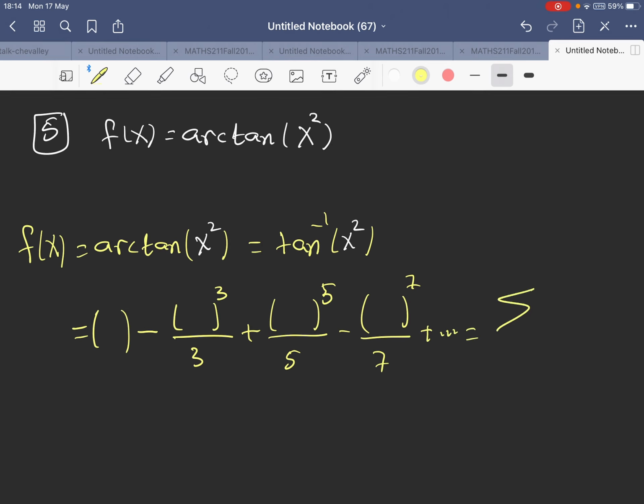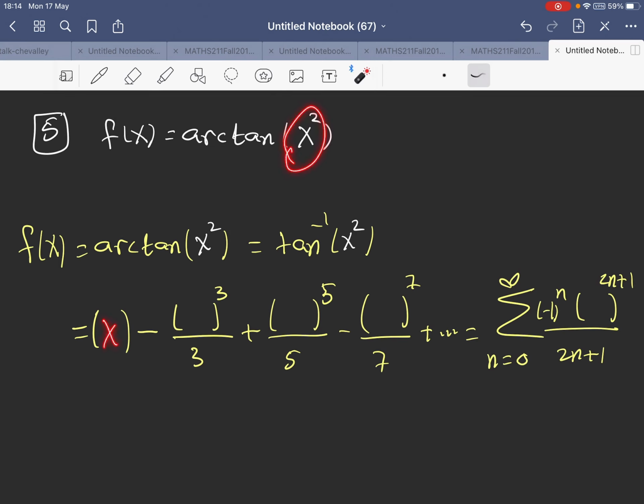If you do it as expanded form, it is alternating and then something to the odd power over the odd number. Now what is the something? It's only the input. If it's x, I write x, x, x, x, x. Now we have x squared, so this is x squared, and x squared.